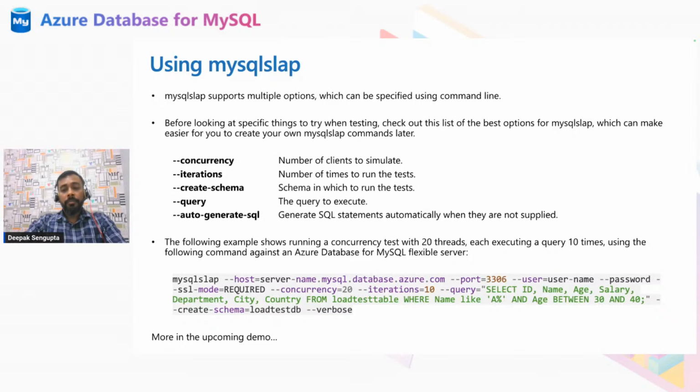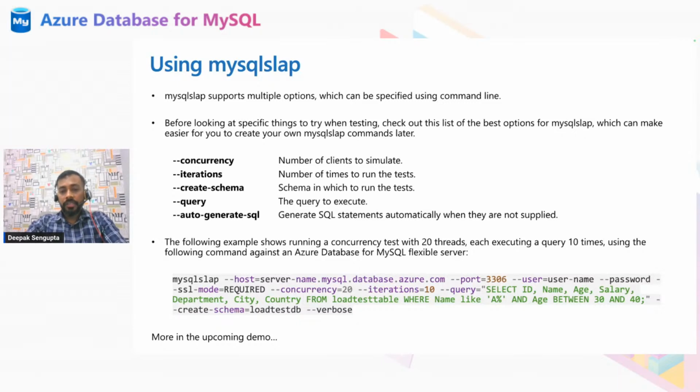These are the details of the MySQL Flexi instance for which we are trying to run the benchmarking test or the stress test. We provide these parameters so that mysqlslap can establish connectivity with the MySQL Flexi instance.